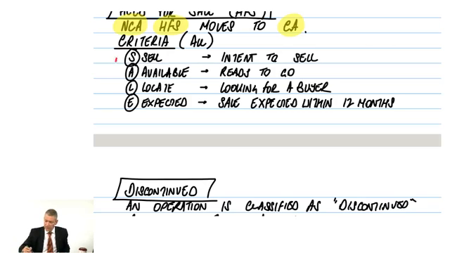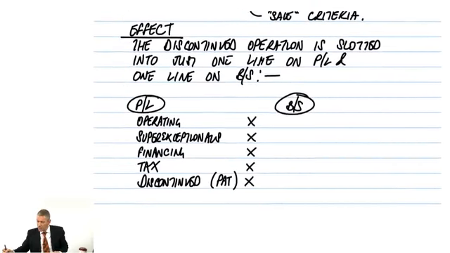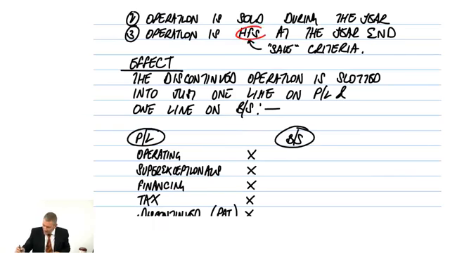If we fulfill S, A, L, and E for the coffee operation at the year end, then the coffee operation is considered HFS at the year end.